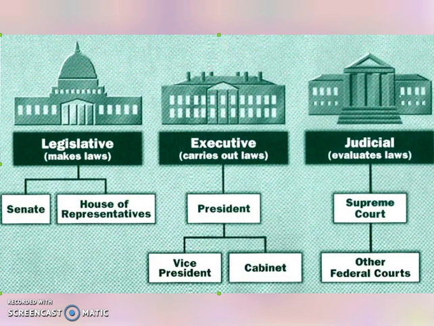Now, when it comes to who gets a vote, how many votes does each state get, essentially you see both those who favor the New Jersey plan and those who favor the Virginia plan having to give up a little bit. The House of Representatives is elected proportionally.